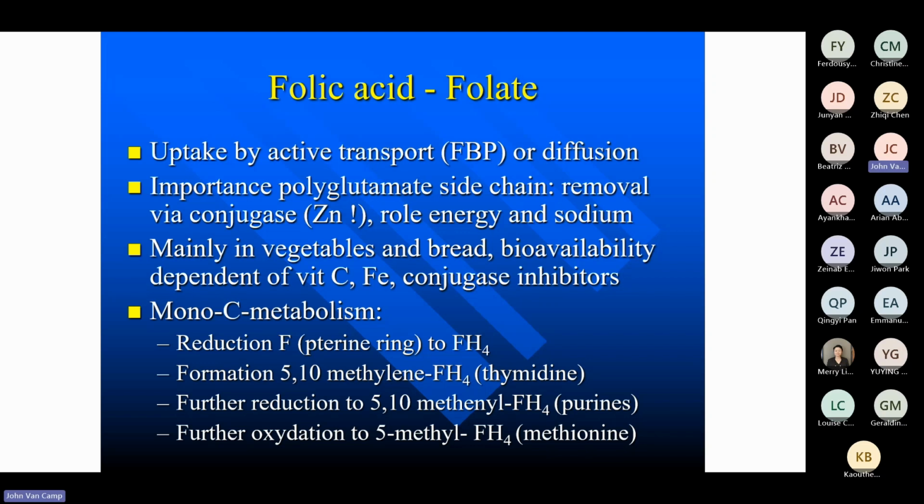The last reaction is the formation of 5-methyl tetrahydrofolate. And this one is linked to the production of methionine, an essential amino acid. And methionine is a donor of methyl groups. And these methyl groups are used to methylate DNA.